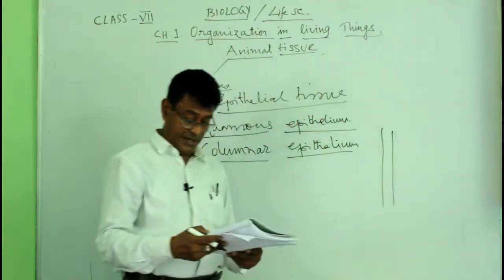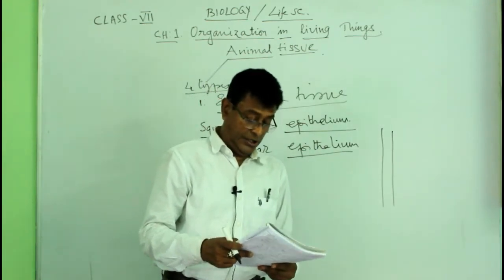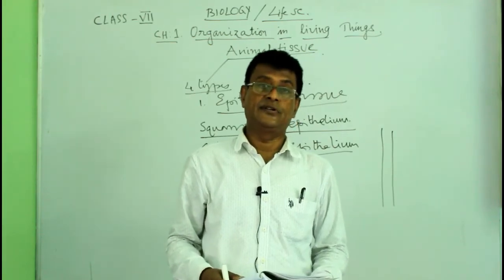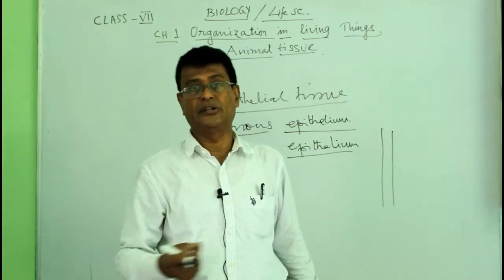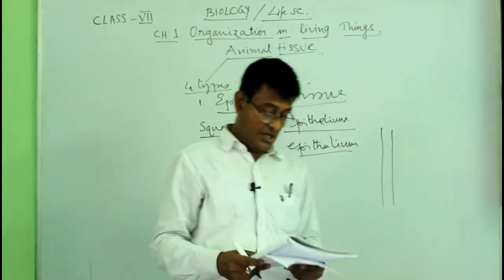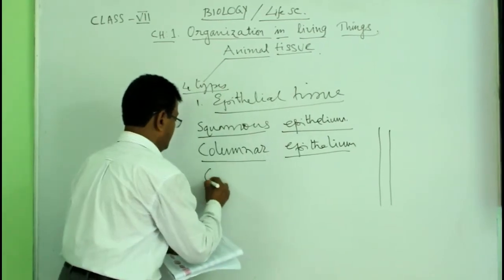That is why they are columnar epithelium. They are found in the intestine, stomach, pharynx, and larynx. One is the food pipe and another is the pipe through which the air goes in. Third one is the cuboidal epithelium.